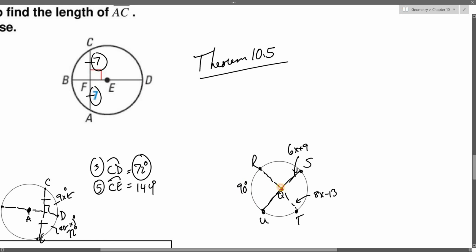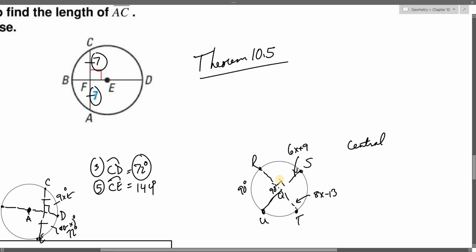Now, going back to yesterday, what did we call the angle that's formed right here? RQU. You should be calling it a central angle because it's formed at the center. And so if the arc is measured at 90 degrees, then what's the measure of the center angle? Well, it's 90 degrees.